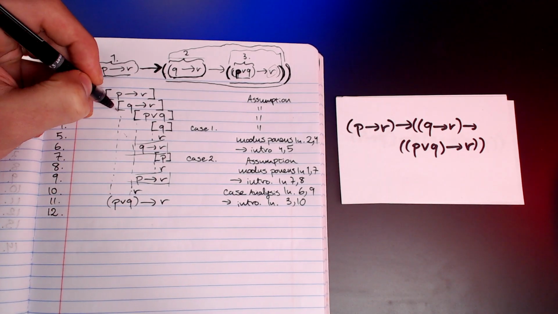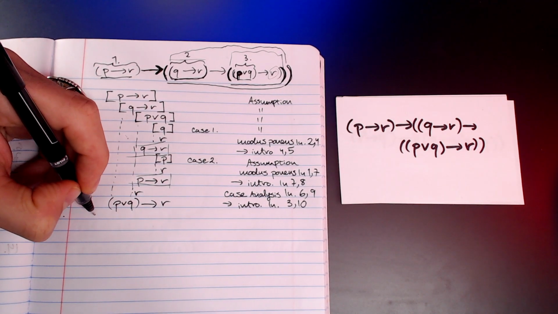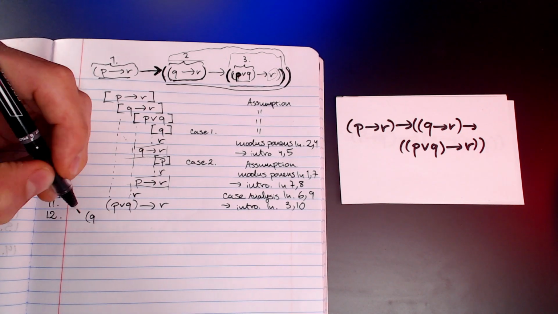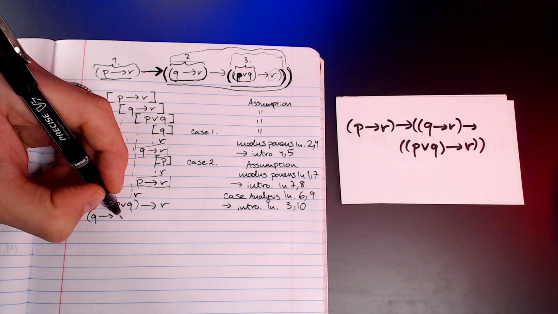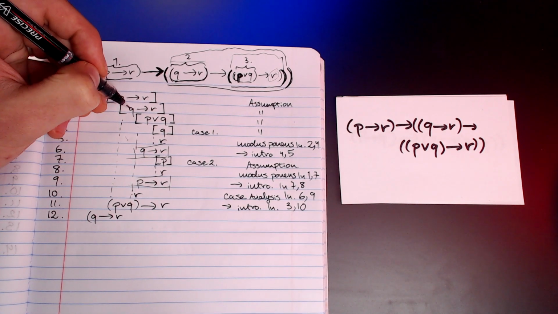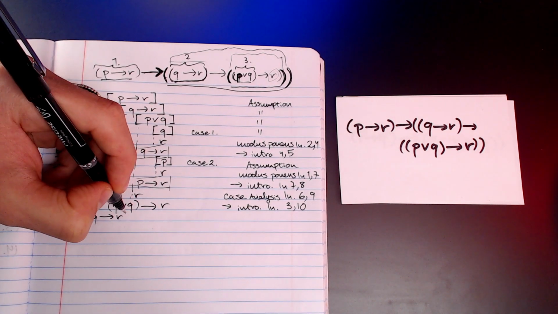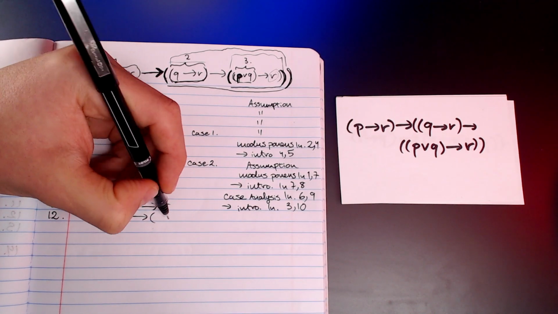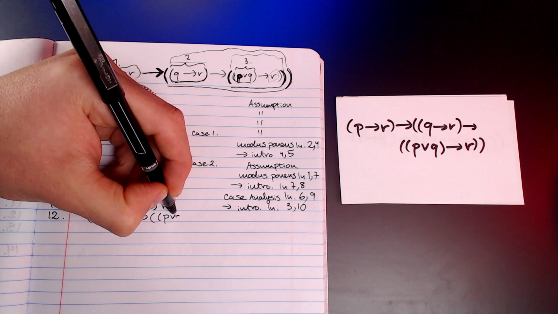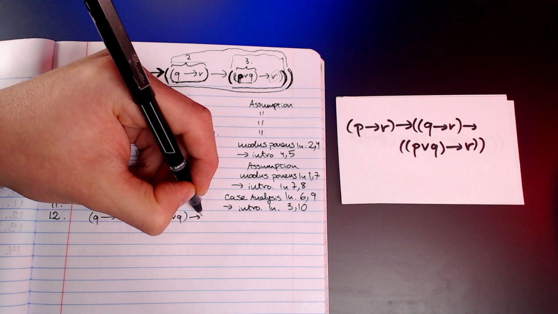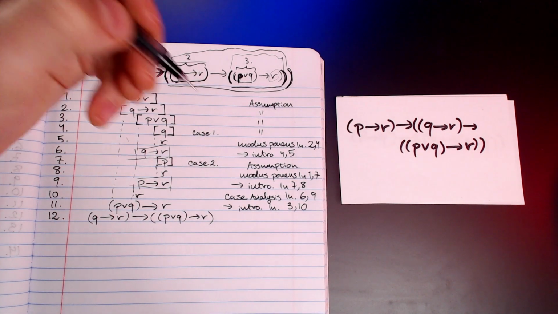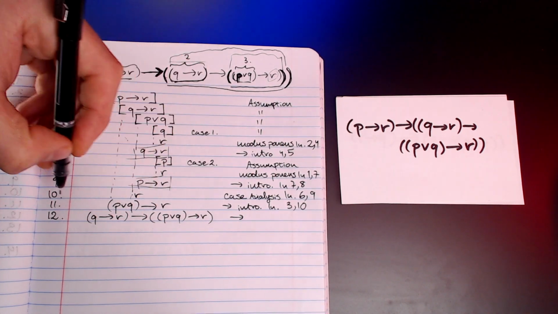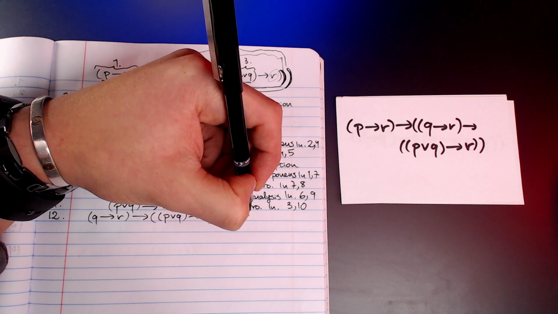So we can say outside of this statement, because regardless of whether it's true or not, we know that if it were true, we can reach it. We can deduce that. Okay, so that's an and intro with 2 and 11.